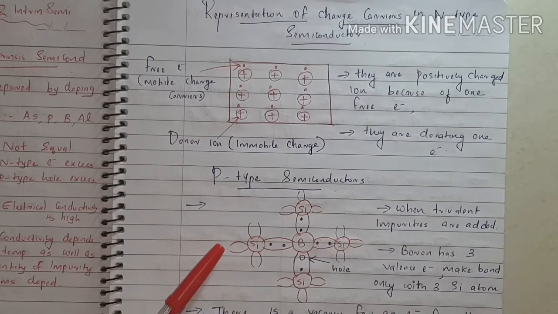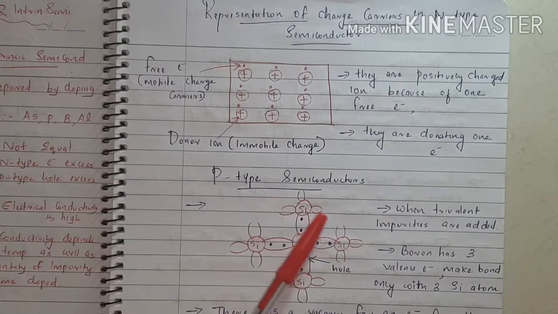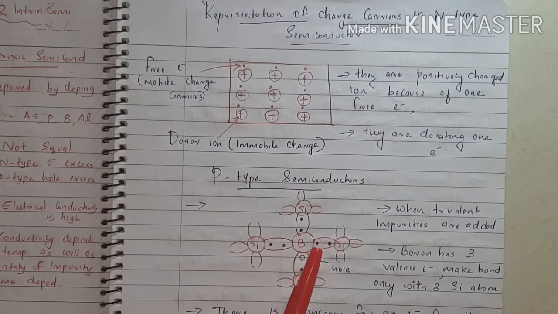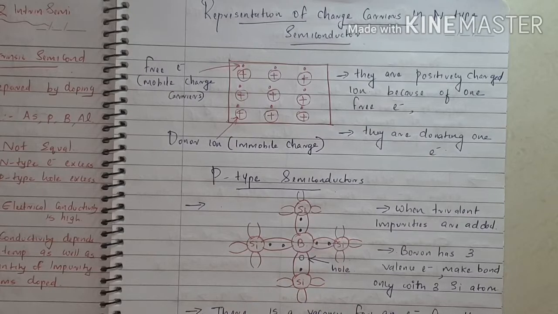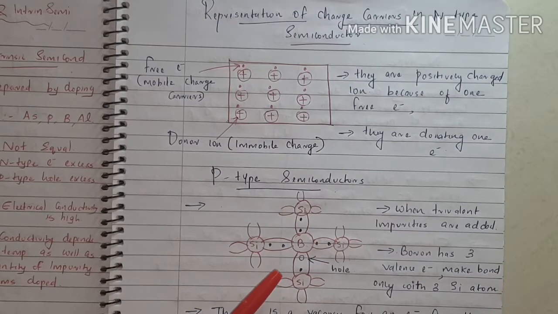Next, we will discuss P-type semiconductor. Here is the formation of covalent bonds in P-type semiconductor. I have taken boron as an example of a trivalent impurity, which is added to the intrinsic structure, that is, the silicon structure. Since it is a trivalent impurity, it has a valency of 3.